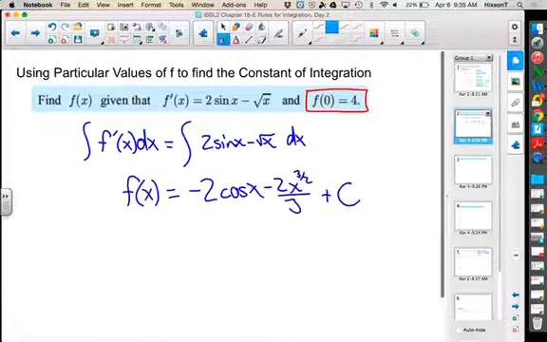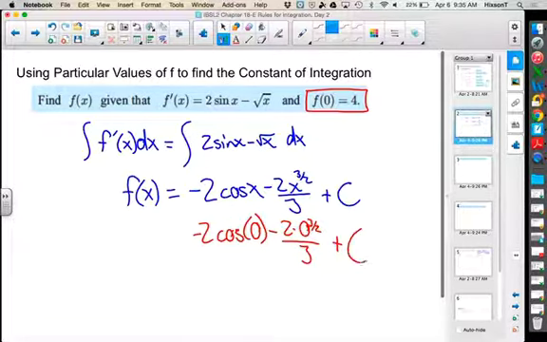We know that if x is 0, we have 2 cosine of 0 minus 2 times 0 to the 3/2 over 3 plus c. We know that that will equal 4. So that's f of 0 equals 4.